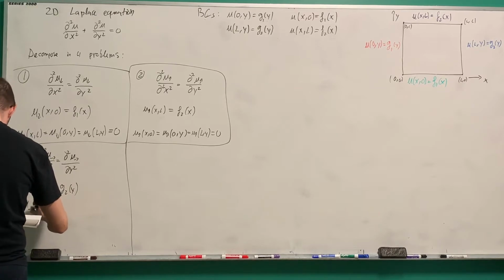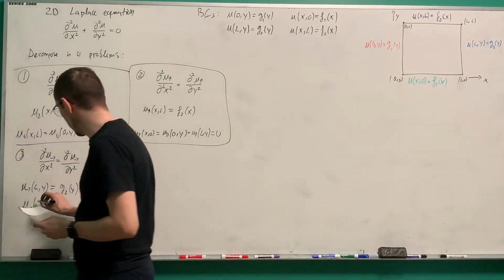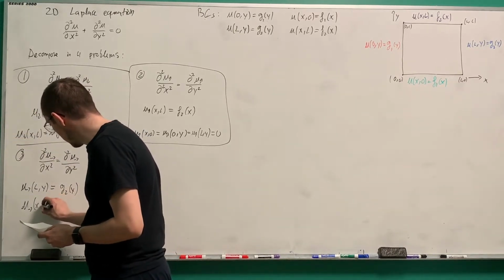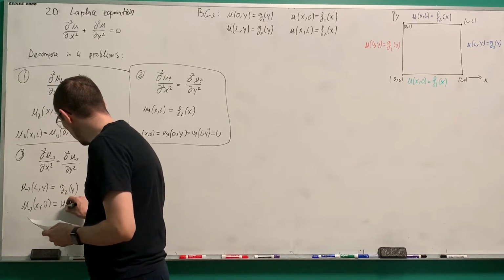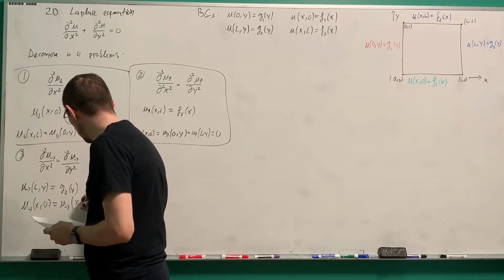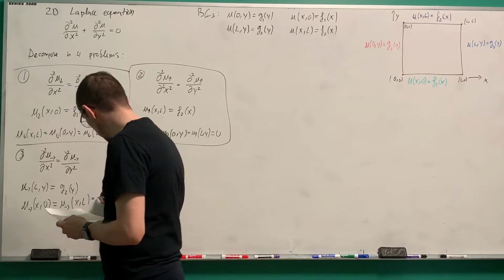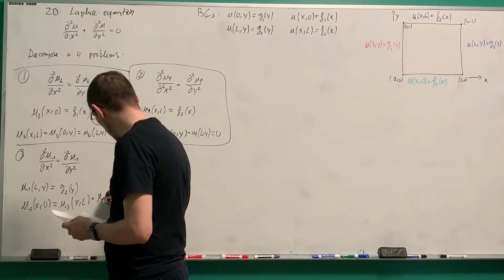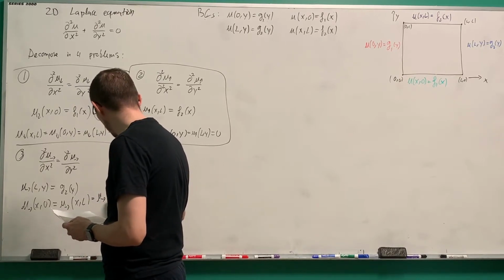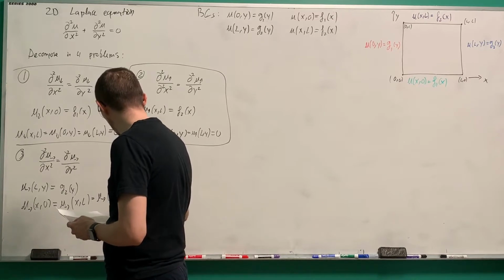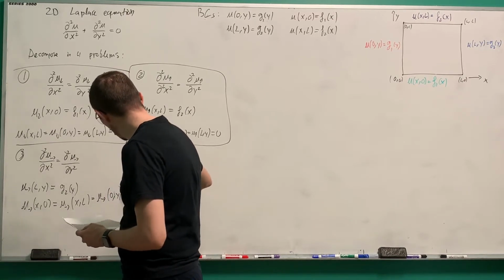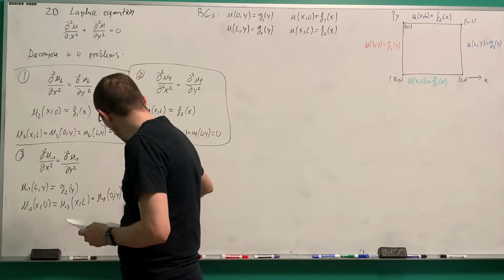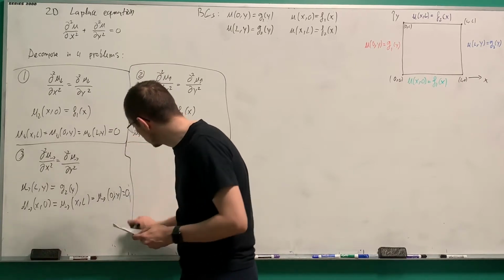So u right of x0 equals u right of xl equals u right of 0y equals 0. So it's homogeneous in all of them except for the right wall.